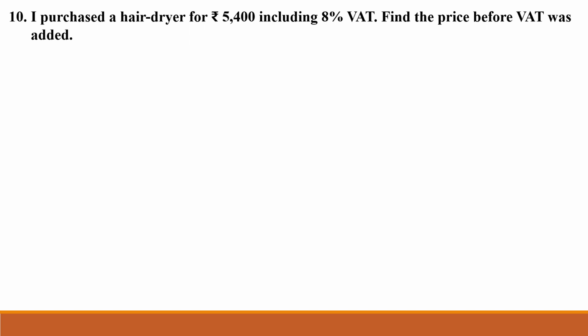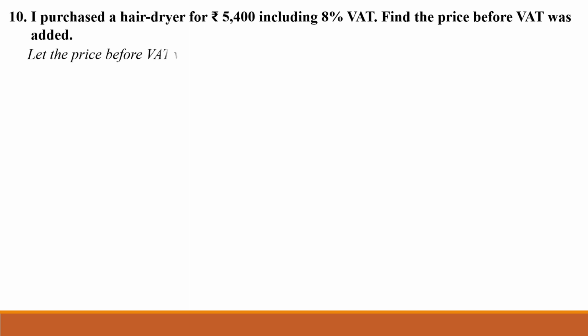So 5400 is the price of the hair dryer which contains its original price, plus in addition to it there is a VAT of 8%. VAT is always added to the cost price and it is paid by the customers who are purchasing the goods. So let us begin with the solution.